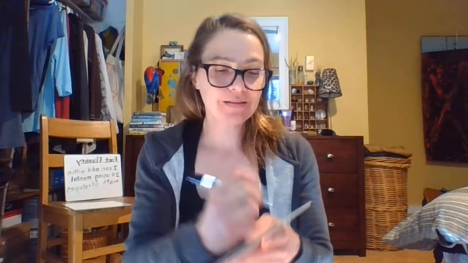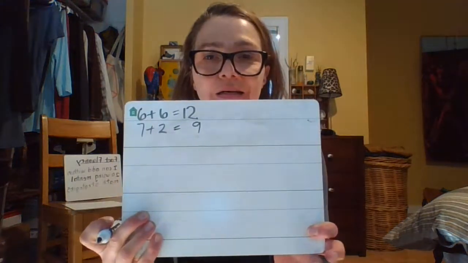That might be too easy. 7 plus 2. Whoops. So then I go over and I write 7 plus 2, and I'm going to use the counting up strategy. 7, 8, 9. Comes to 9. Right? And then I'm going to keep doing it until it's all full.